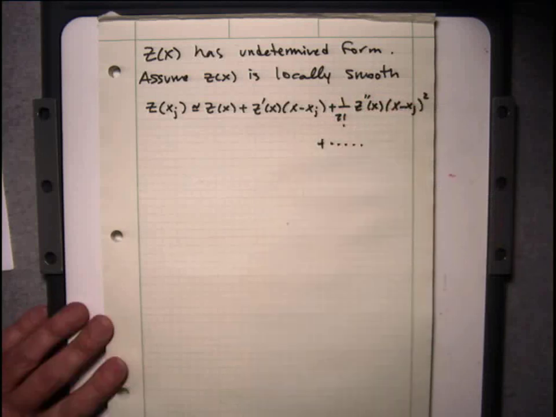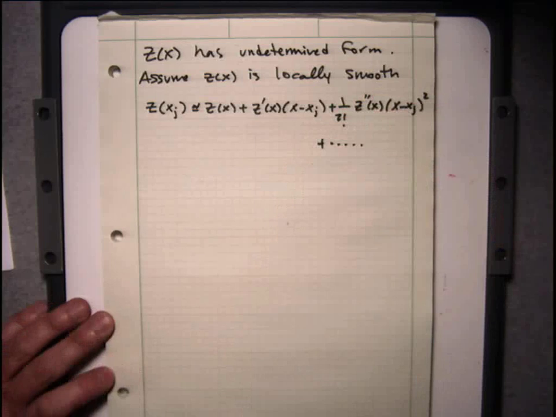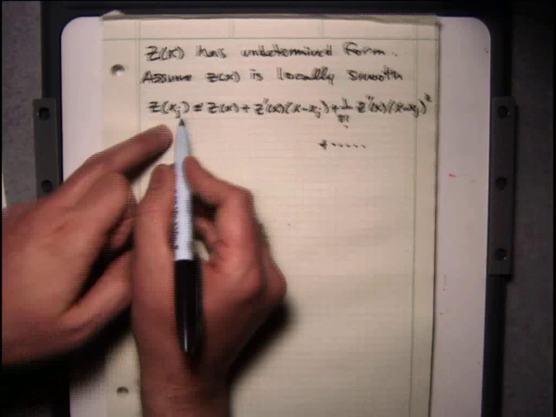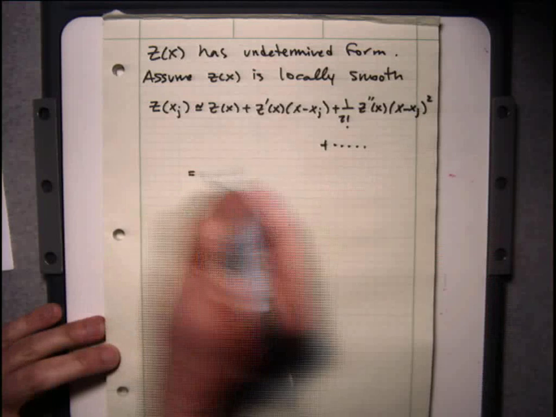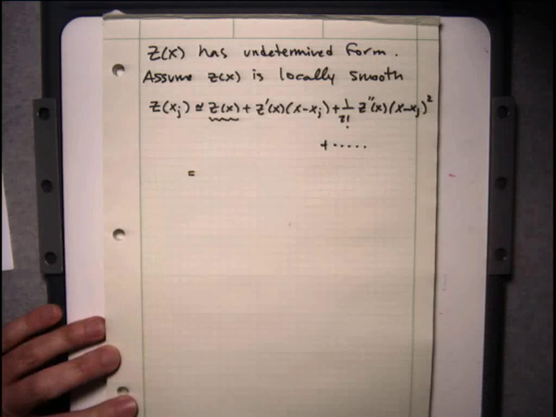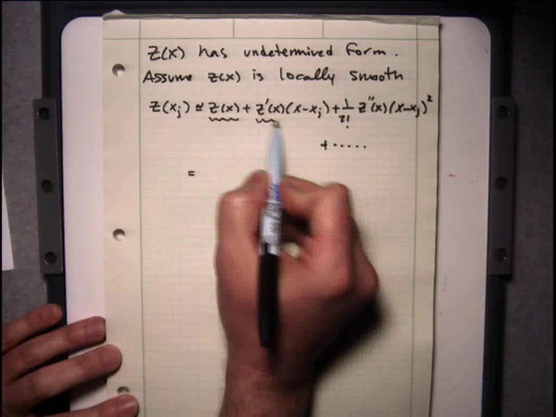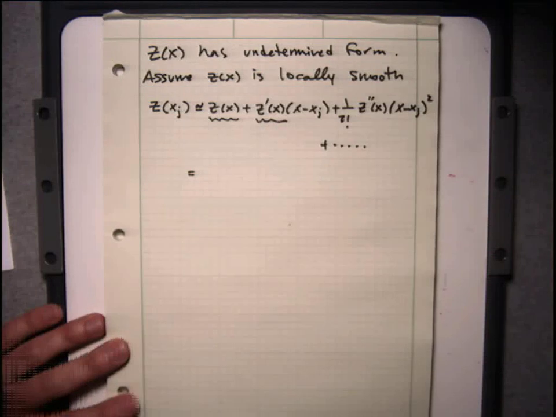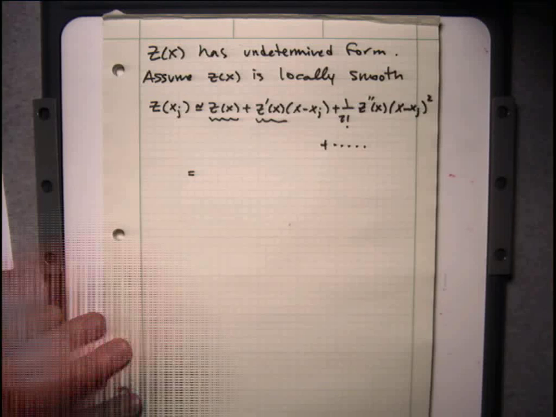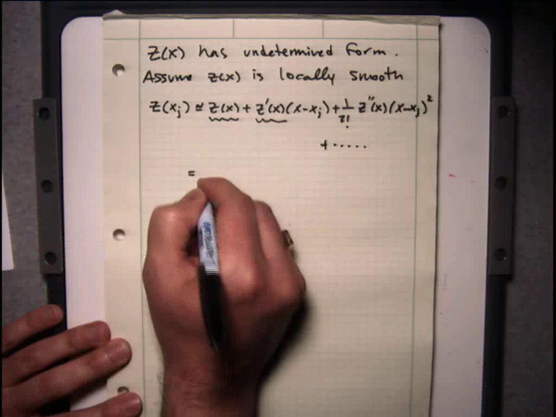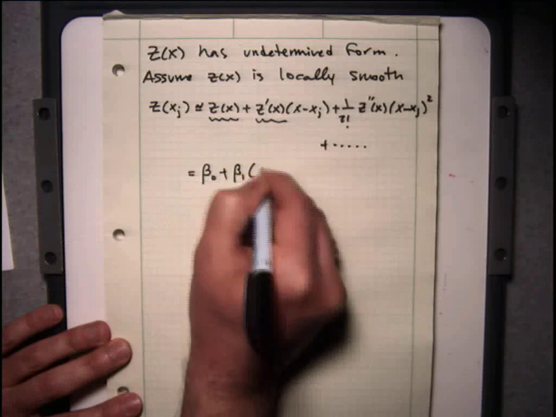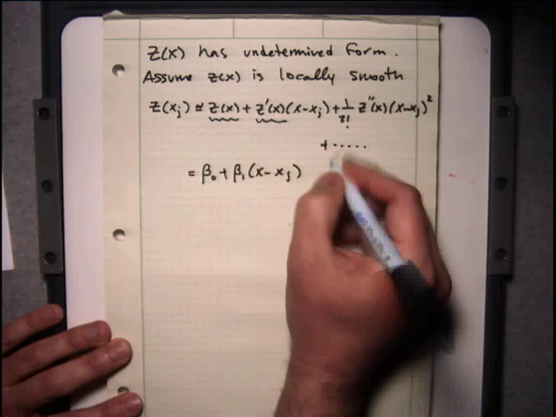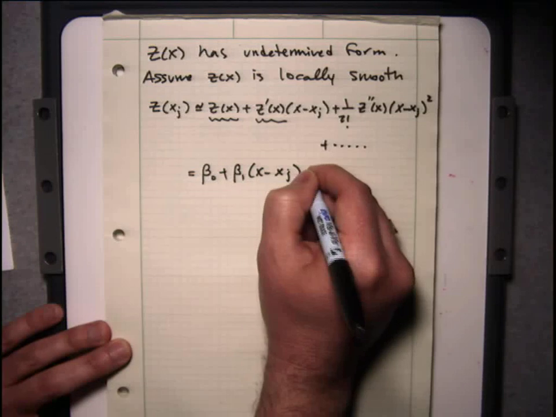Right? So this says that near xj, I'm just going to assume that the function is smooth near xj. Okay, so let me write this in a different way. Now, I don't know this, right? And I don't know this. So I'm going to give them names. The first one is going to be called beta 0. The second one is going to be called beta 1, times (x minus xj). And the next one is going to be beta 2, and so on.